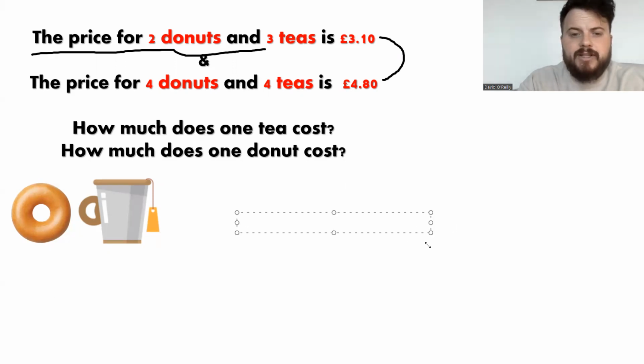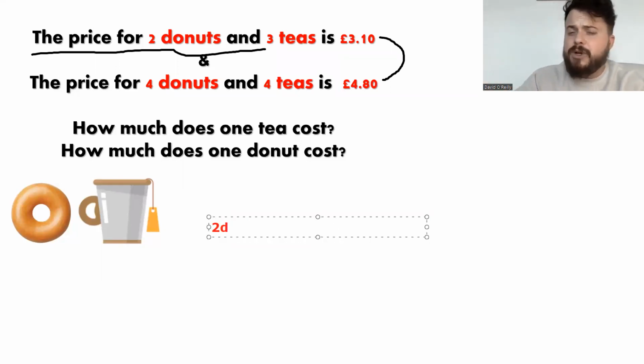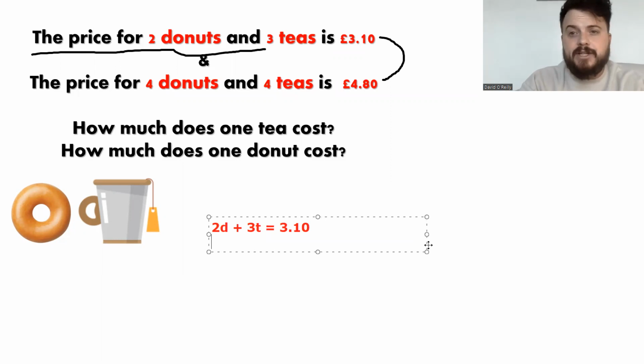We've got 2 donuts, so 2D. I'm writing D because I'm talking about donuts. We don't have to write D, but I'm using D because it's going to be easier for me. So 2D plus 3T, 3 teas, equals £3.10.